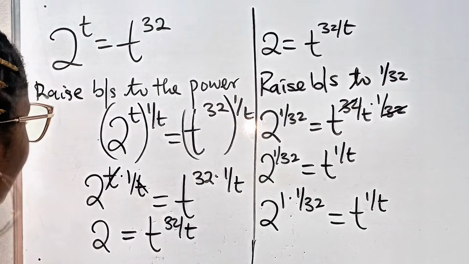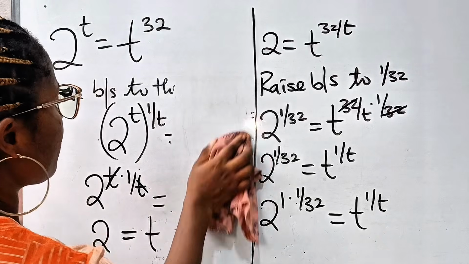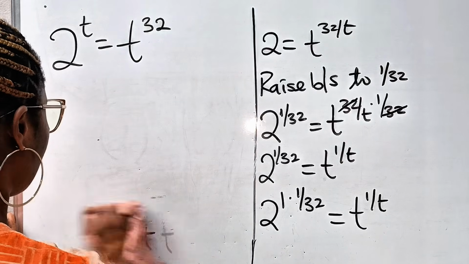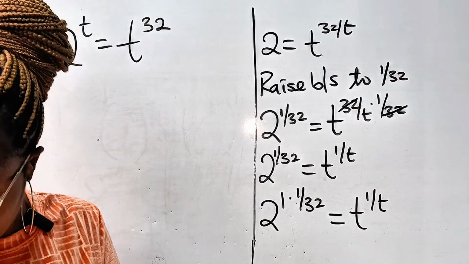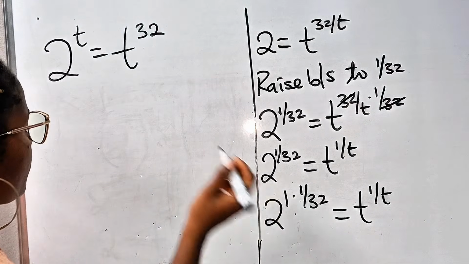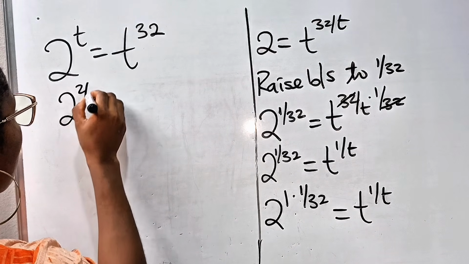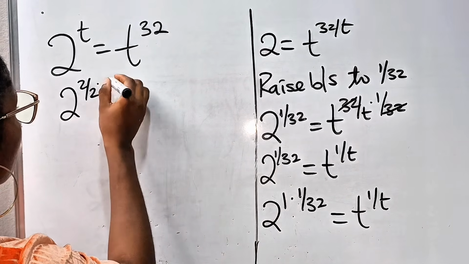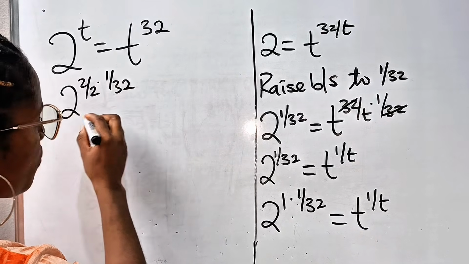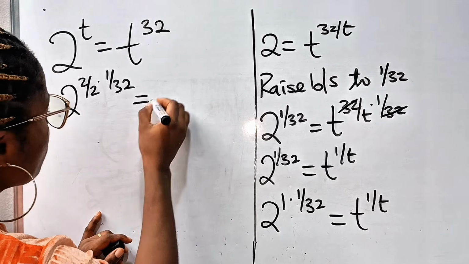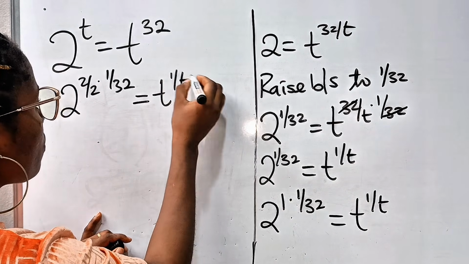Yes, but I'll choose 2 divided by 2. So we have 2 to the power of 2 divided by 2, replacing this one, multiplied by 1 over 32 is equal to t to the power of 1 over t.